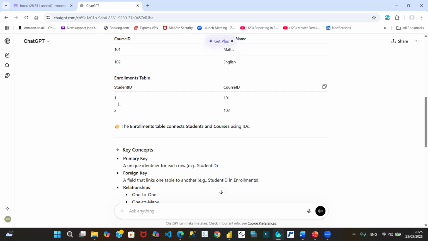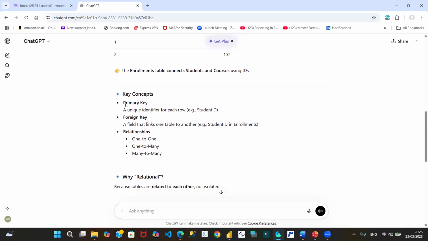So student ID here becomes a foreign key, because it's now just for relationship purposes, used to relate to the student table. The same goes for the course ID. It is also a foreign key here, because, one, it can be repeated, and two, it's used to form a relationship with the courses table. Okay, so that's how that works.